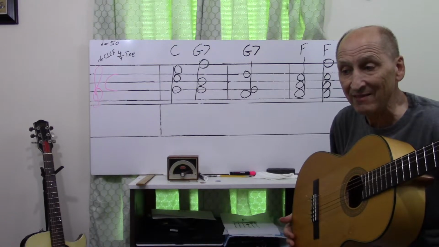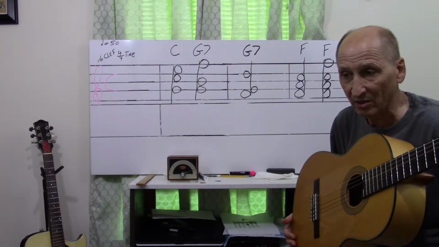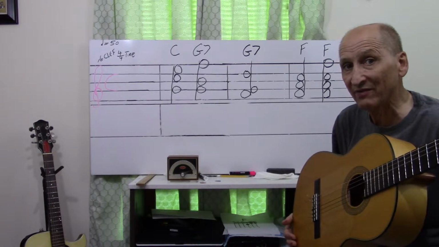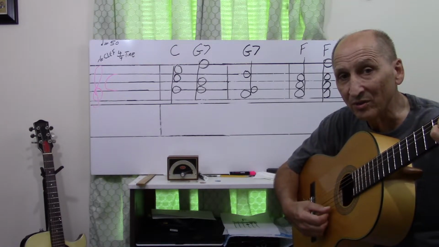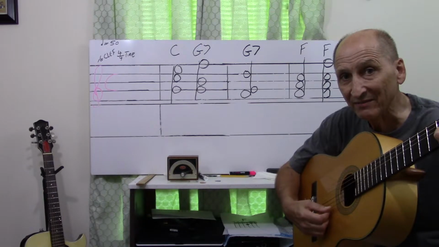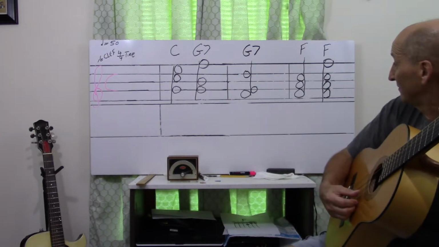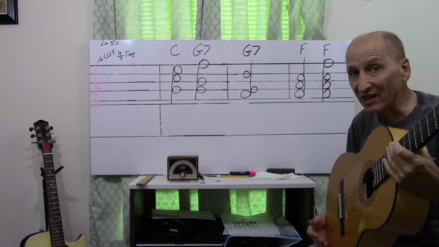It's listed in the Mel Bay book, so take heed, look at it, and you'll see it. Now, you'll also see the G7 in another way, with the B, F, G, and B. You'll see it this way. You know it this way. So that's the G7 chord.